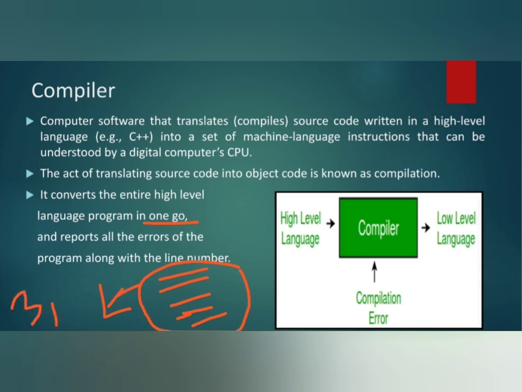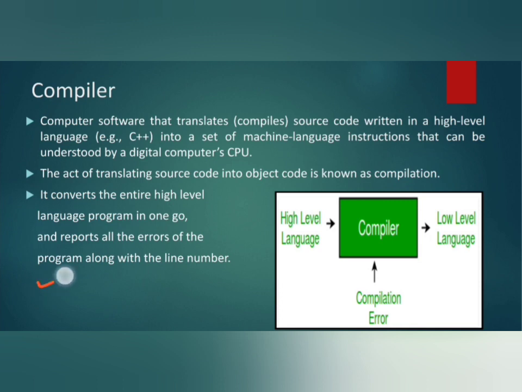the line numbers. Suppose this is the first line, so it's line number 1, right? This is second, so number 2, this is third, so number 3, like that you have line numbers. So it will not only show the error, but also in which line you have the error. So this is the difference between compiler and interpreter: the interpreter translates line by line, and the compiler translates everything at one go.